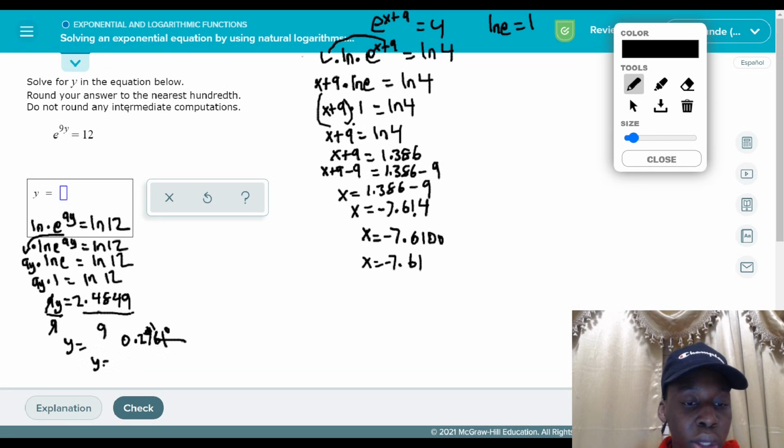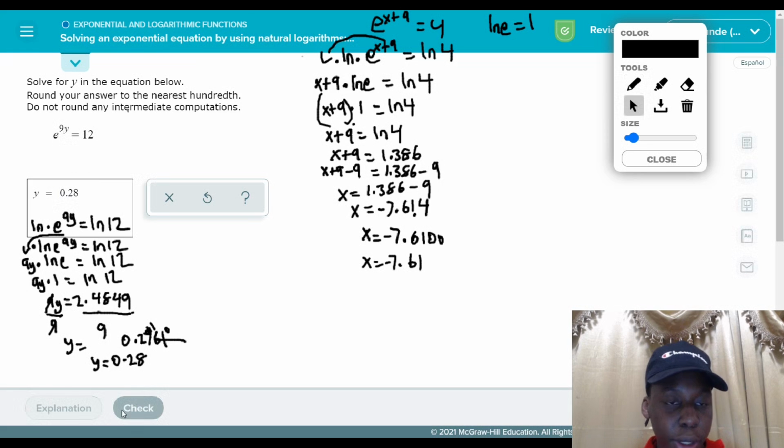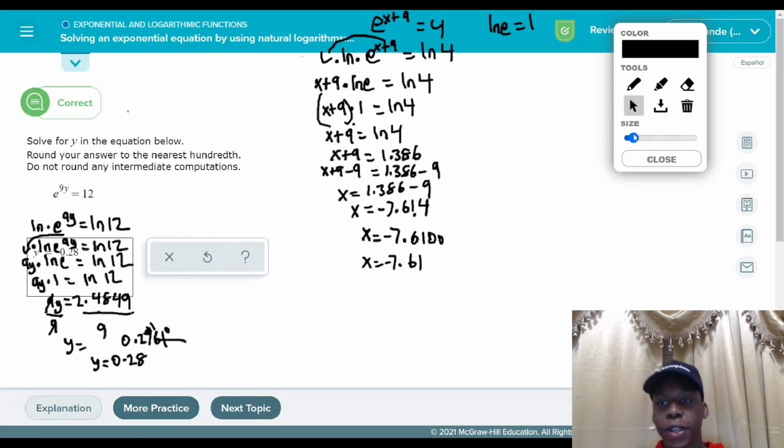So y equals 0.28 now. Since we don't actually need the trailing zeros, we can just leave it like this. Let's check that out. 0.28. Check. Yeah, okay.